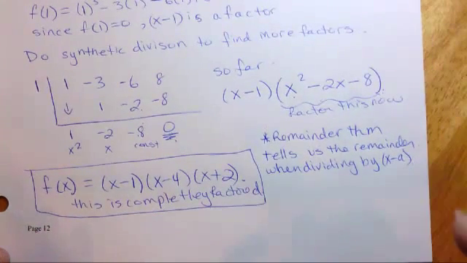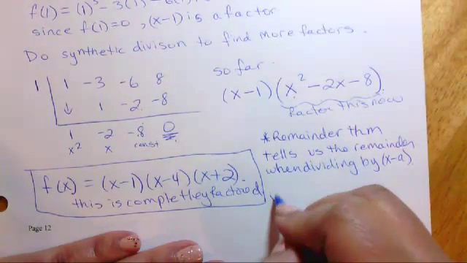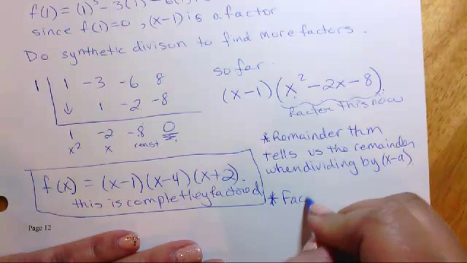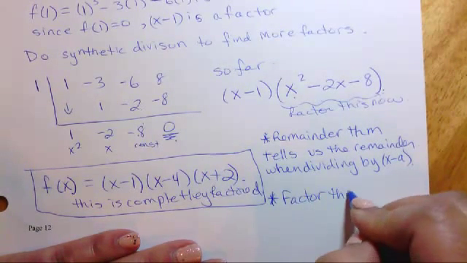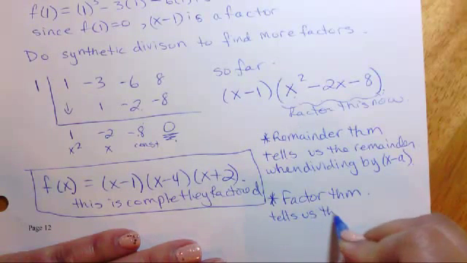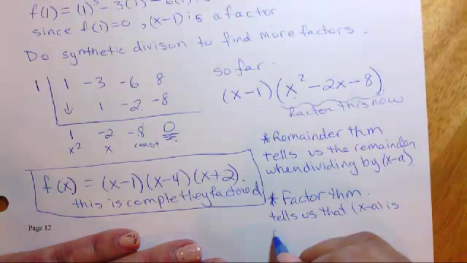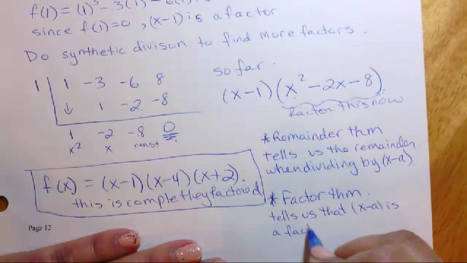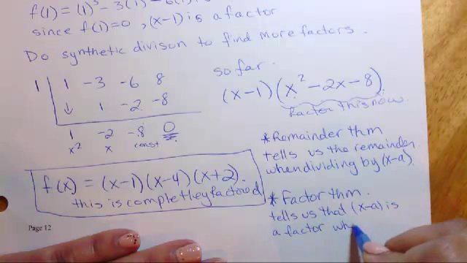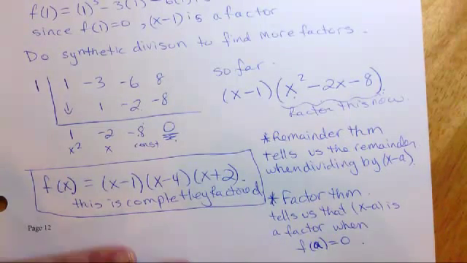Now, if that value ends up being 0, then we know that it's a factor. So then we call that the factor theorem. It tells us that x minus a is a factor when f of a is equal to 0.